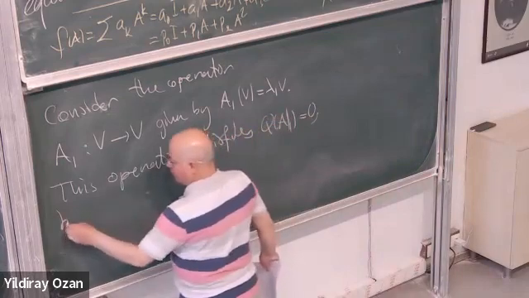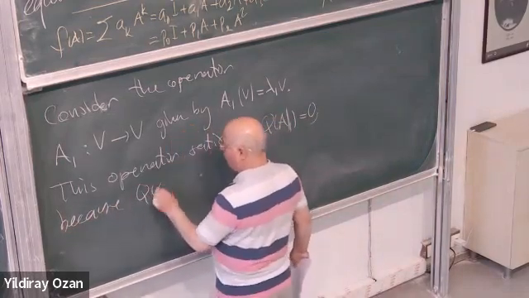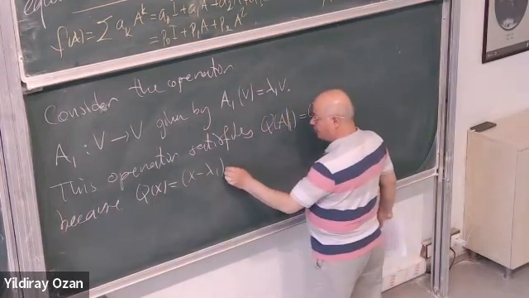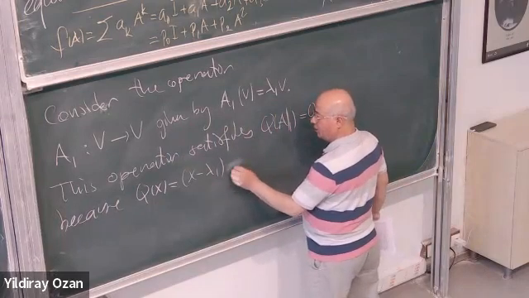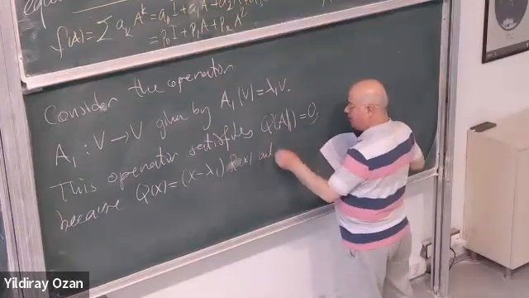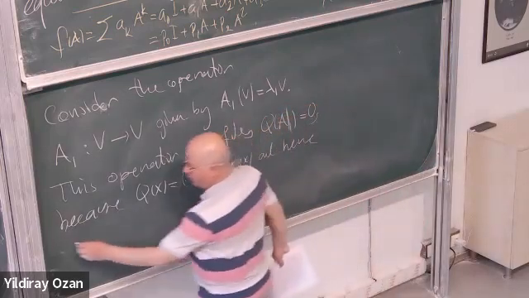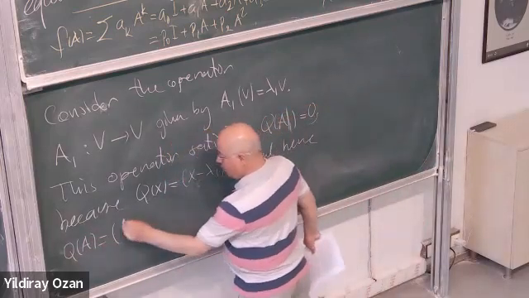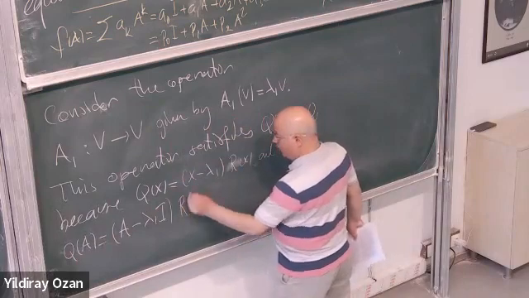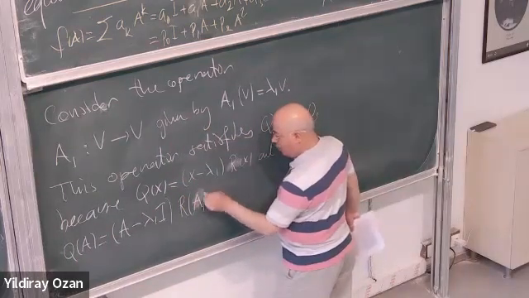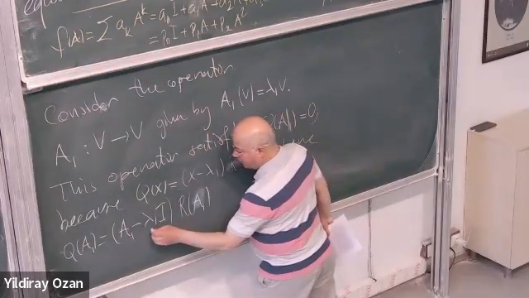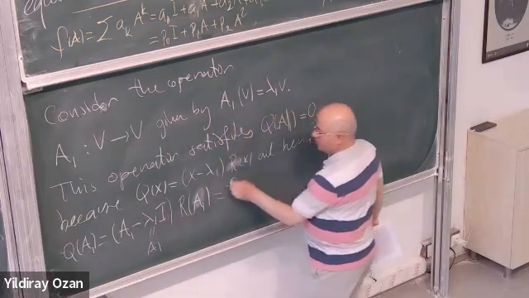Because Q of x has this factor, x minus lambda 1, times something, let's say R of x, and hence, what is Q of A? It is just A minus lambda 1 times identity times R of A1, but A1 is just this gadget, right? This is just A1. Therefore, this is just here.